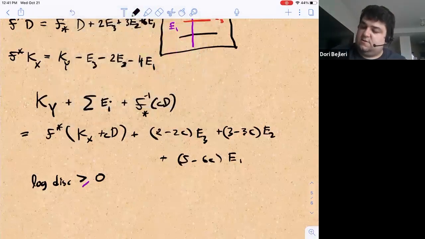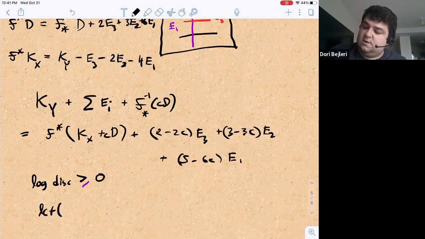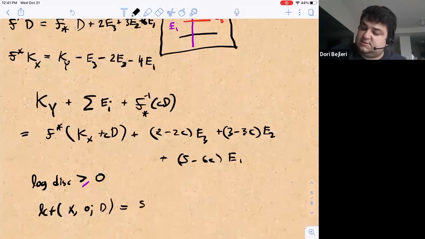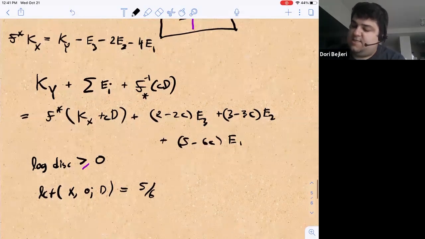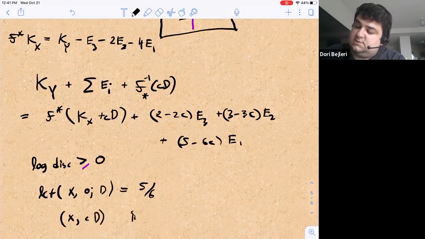This tells us that the log canonical threshold of P2 with no boundary relative to this cusp is 5/6, because that's when the log discrepancy becomes 0, or the usual discrepancy becomes -1, and that the pair X comma cD is KLT for any c strictly smaller than 5/6.